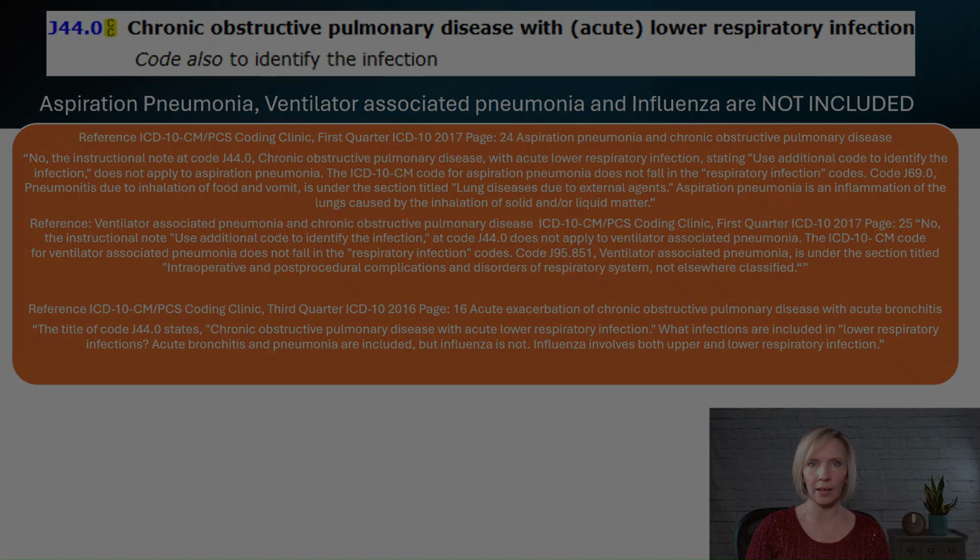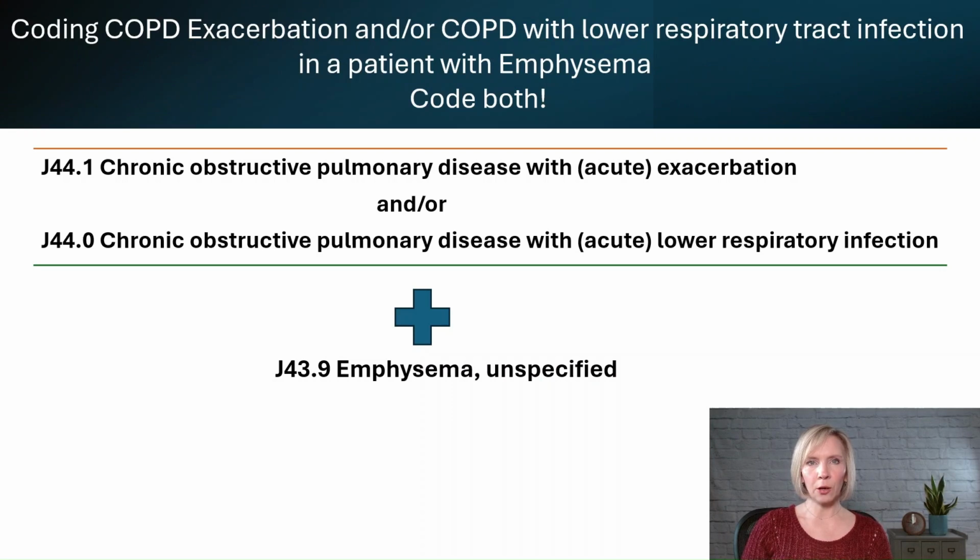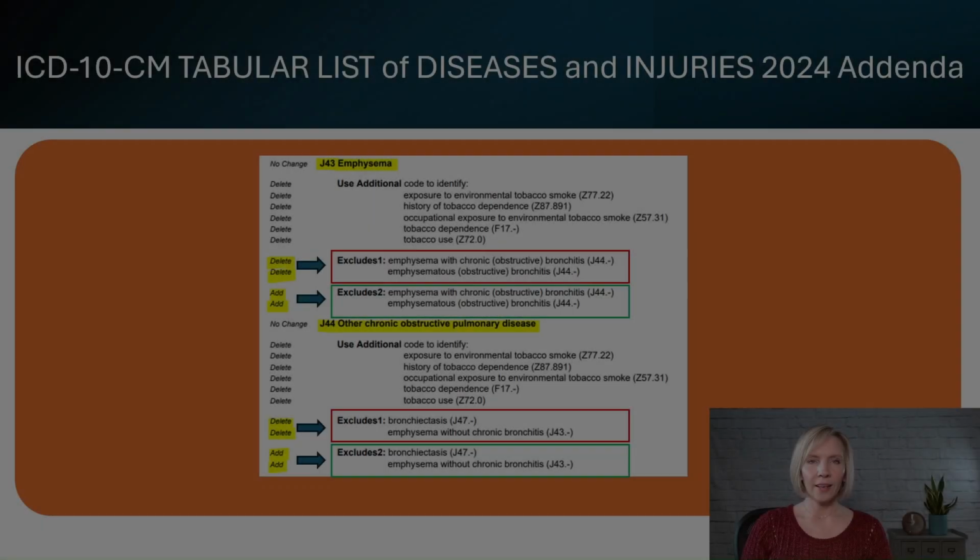When coding for a patient with COPD exacerbation or COPD with lower respiratory tract infection who has been specifically diagnosed as having emphysema, assign both the code for emphysema and the code for COPD exacerbation or COPD with lower respiratory tract infection to completely capture the diagnosis.